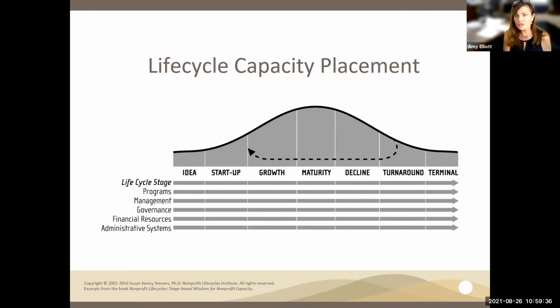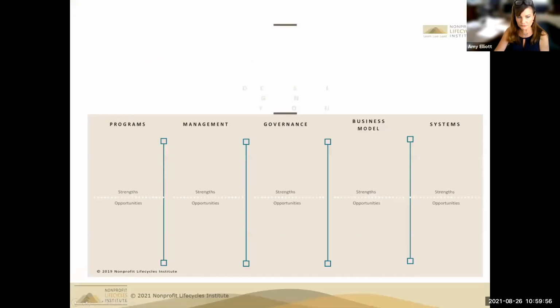Now, what I'd like for you to do is, as you look at what you've placed, think about what evidence came to mind that made you put the placement there.